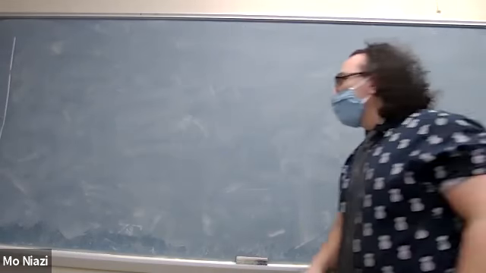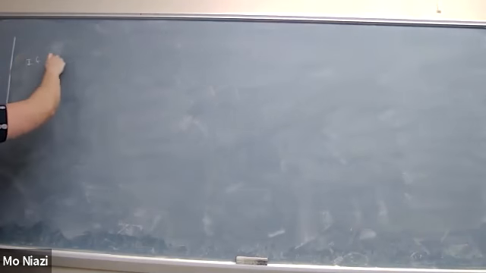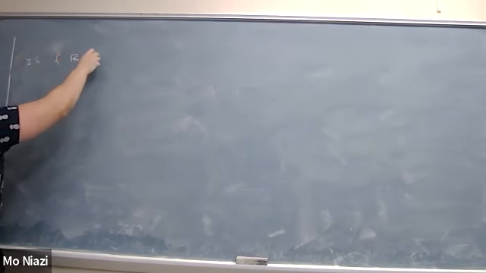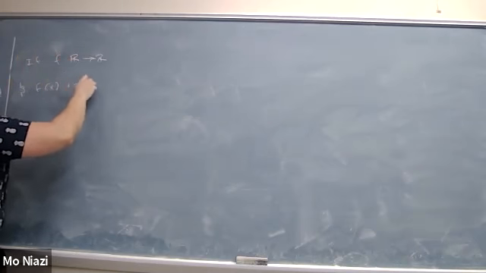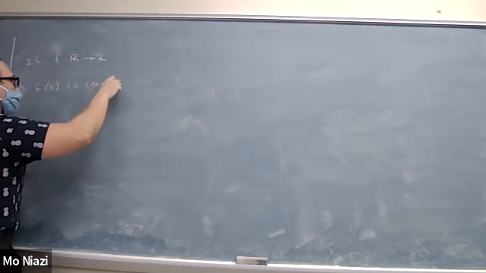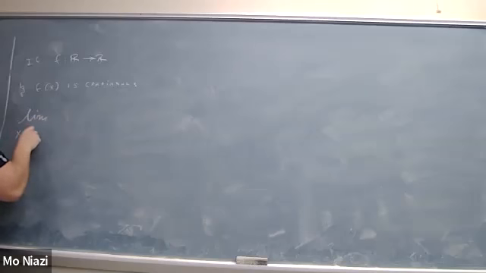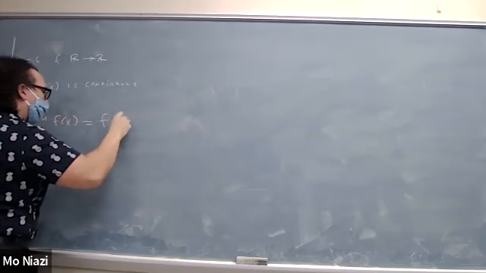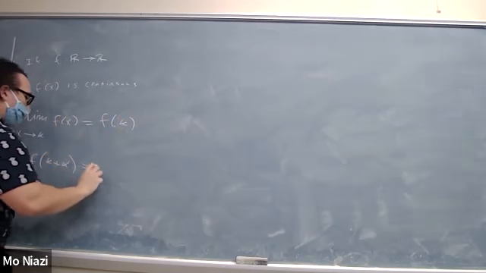Notice that if f is a function that maps the reals to the reals, and f of x is continuous, we can say this: the limit as x approaches k of f of x is just f of k. Recall that that secretly means f of k plus alpha is the same thing as f of k.